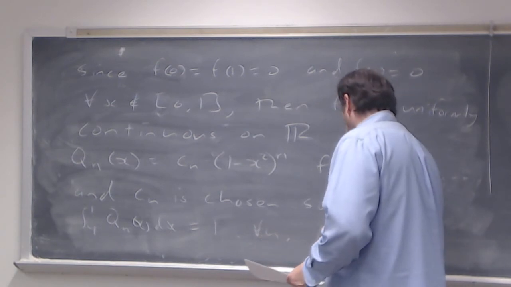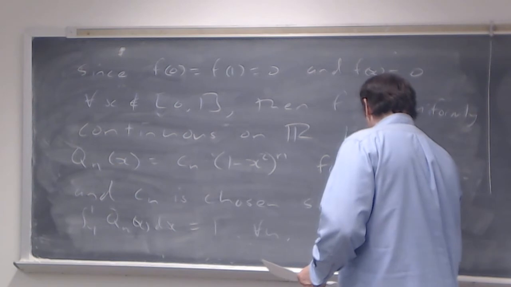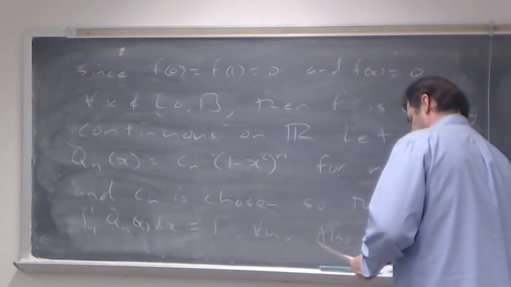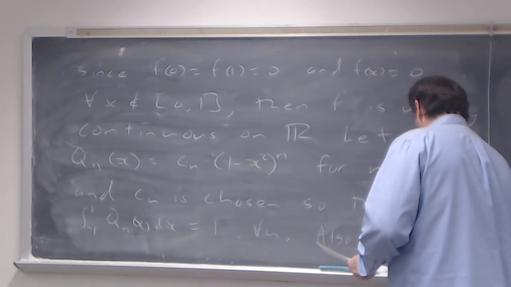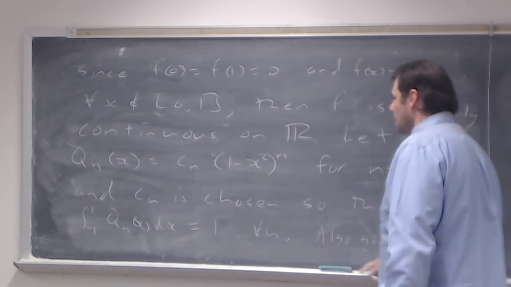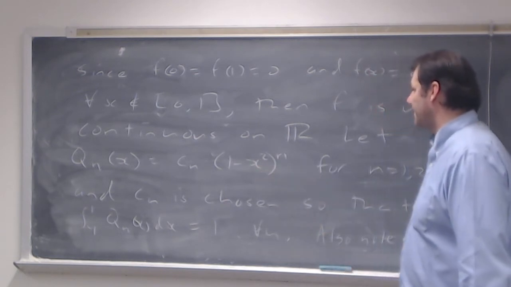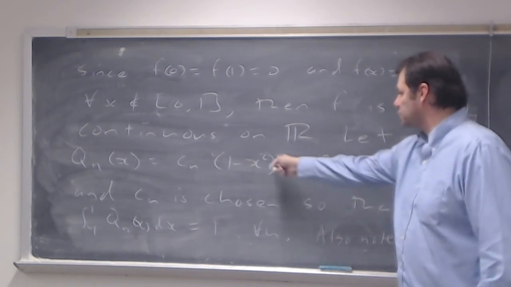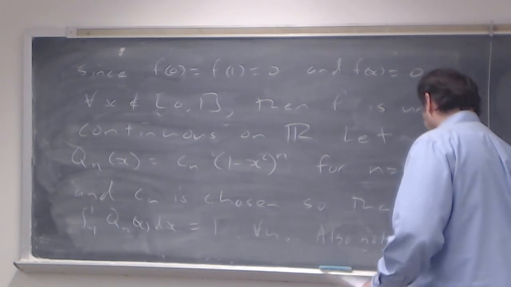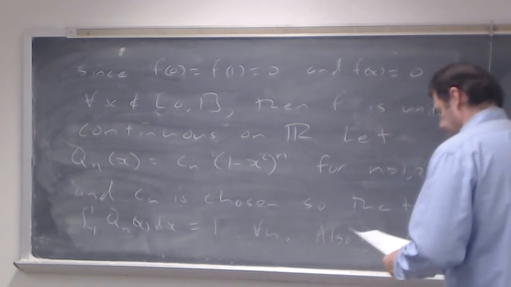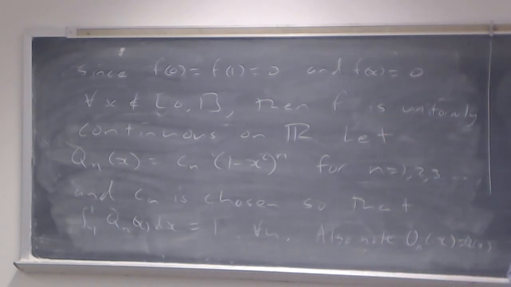So I want you to also note something about q sub n of minus x. If you replace x by minus x, when you square it, you're going to get the same thing as q of x. So that means that it's an even function.